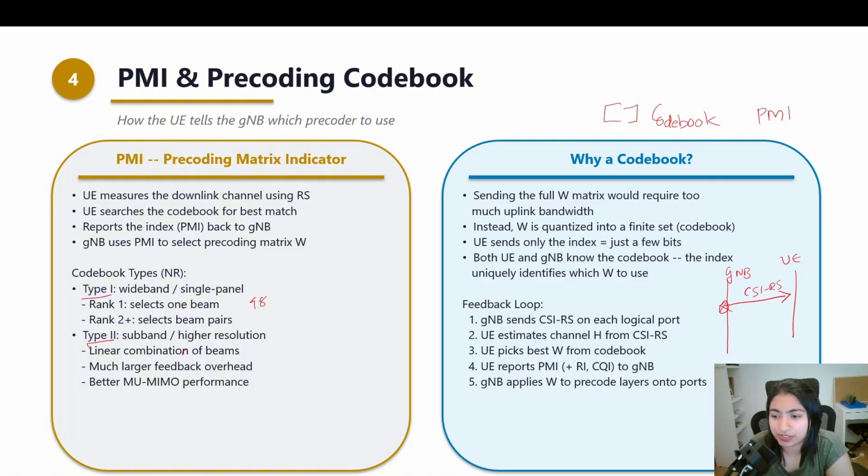The UE receives it, estimates the channel from the CSI-RS, and then searches the codebook, type 1 or type 2, and finds the best precoding matrix. It reports the PMI plus the rank indicator plus the channel quality indicator in the feedback. Then the gNodeB applies that precoding matrix, and the mapping is performed.